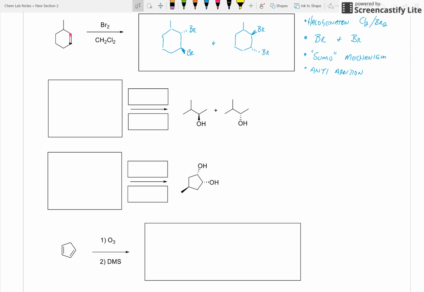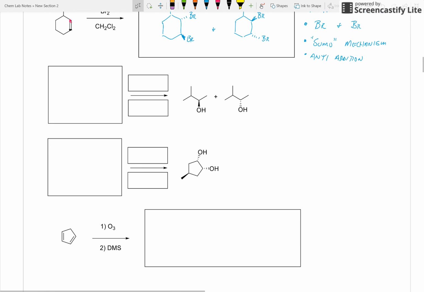Now for this next one, there are a couple of answers that we can have. I'm just going to show you an example of what we can do. We can do our oxymercuration, mercury 2 acetate with some water. That's our oxymercuration, and then our demercuration is done with NaBH4.